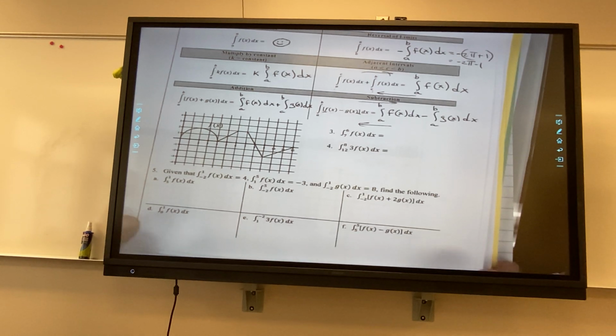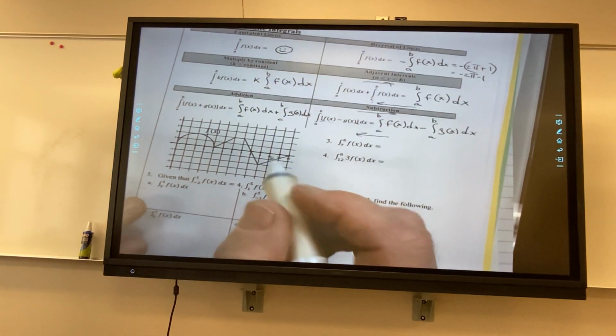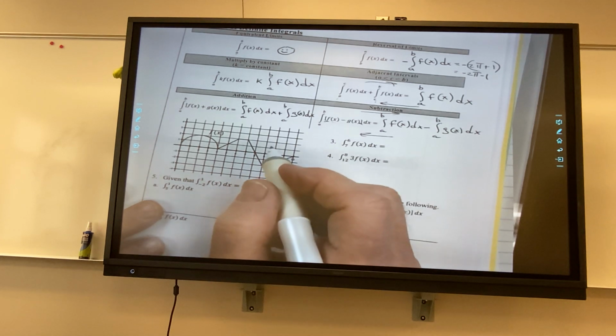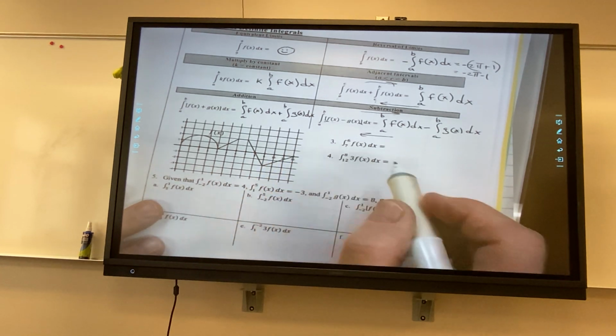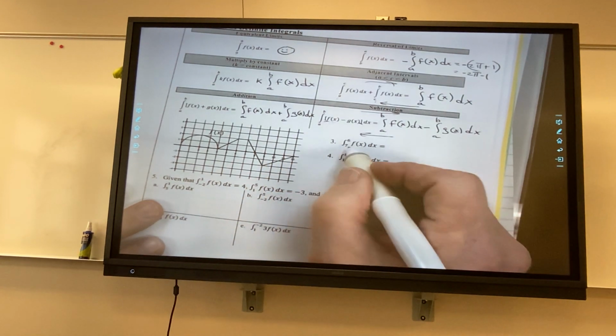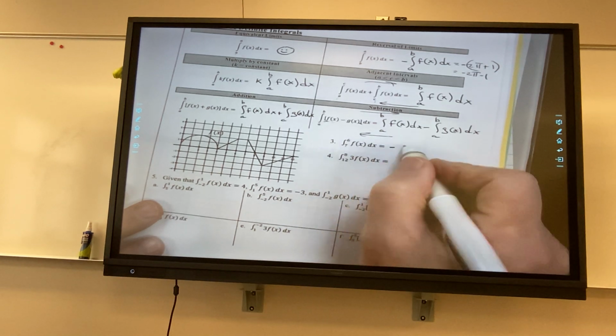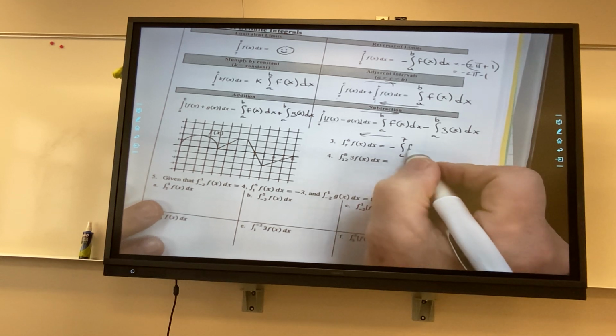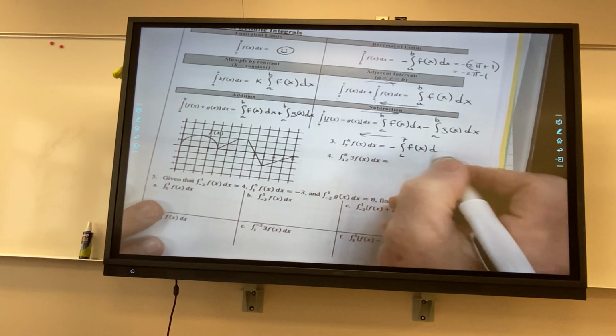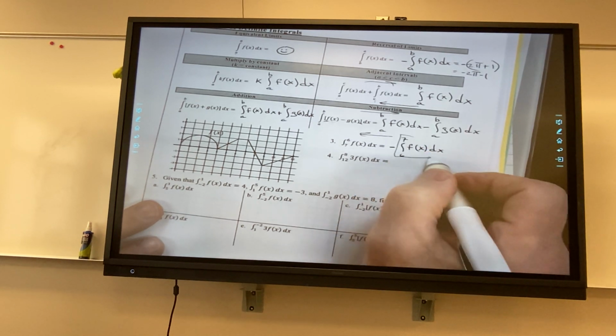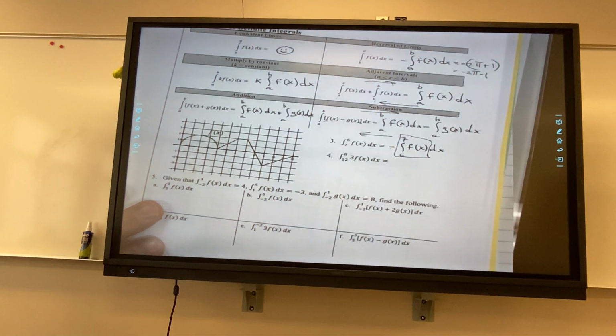All right, so here's this particular one. If you remember, it says, okay, I want to integrate from 7 to 6. So I'm going to rewrite that. I'm going to integrate from 6 to 7 of f of x dx. I'm going to figure out what this area is first, and then I'm going to multiply it by a negative.